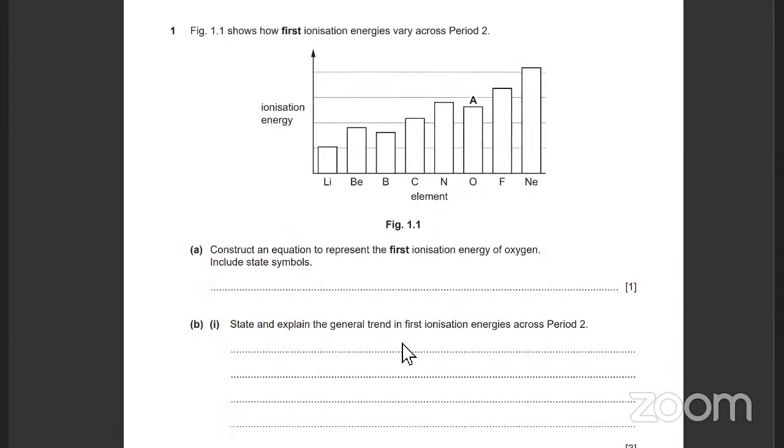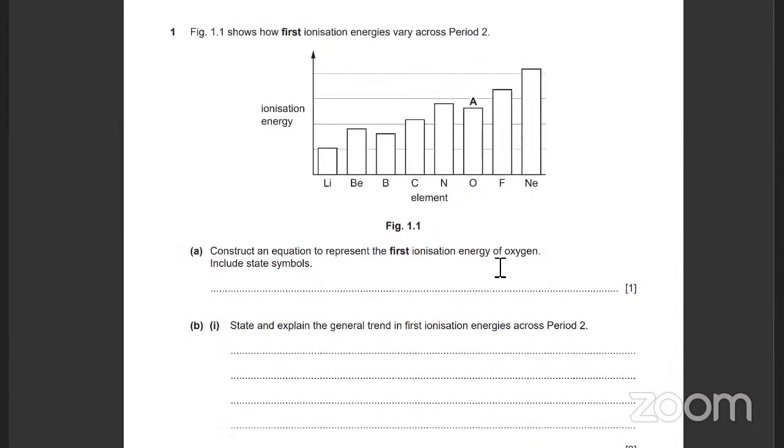Yeah, sir. So starting with the first one, construct an equation of first ionization energy of oxygen. As for the photochemical smog, I'll just do it very quickly. See, when you have a CFC, not really sure if it's going to come.